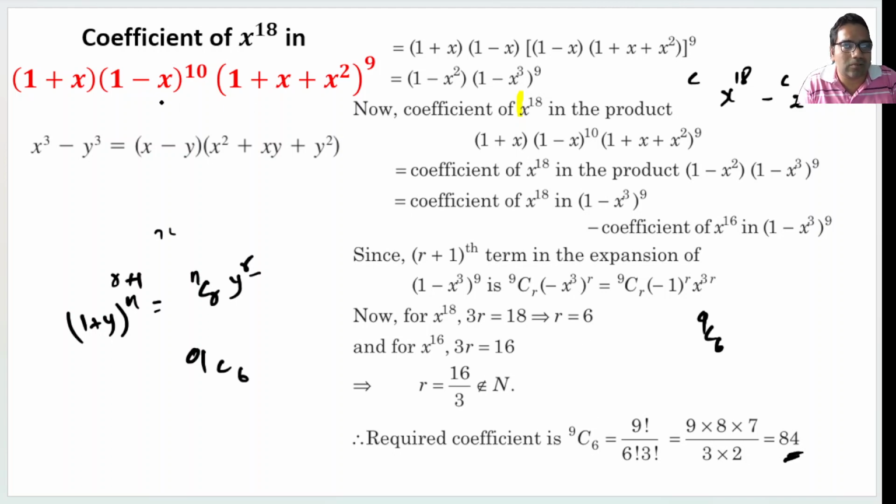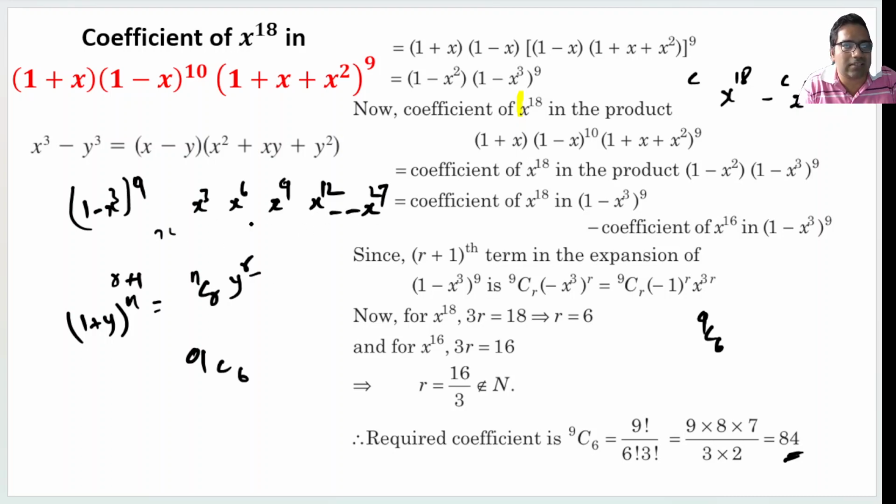We just reduced these three terms into two terms so that it becomes easy to find the coefficient of x^18 in (1 − x^3)^9. x^18 will come, but x^16 will not come, because 16 is not a multiple of 3. (1 − x^3)^9 will have terms like x^3, x^6, x^9, x^12 up to x^27.